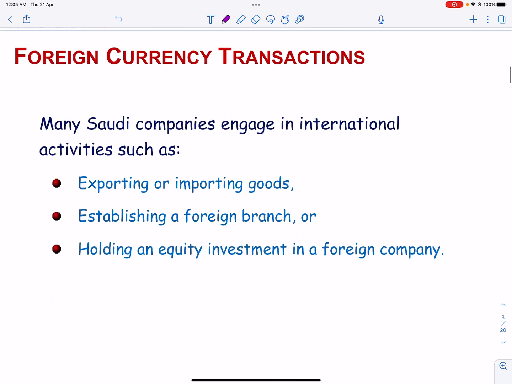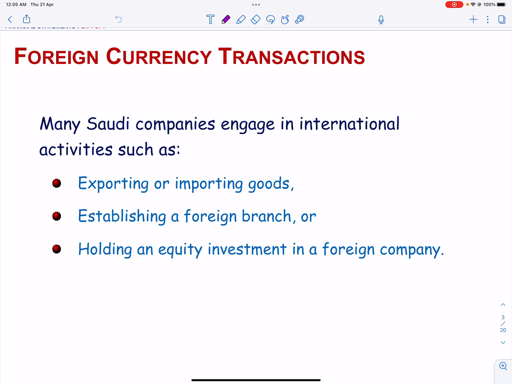So in this session, we are going to talk about accounting for foreign currency transactions. So let's have a look at foreign currency transaction and what does it entail. We start with the assumption that we are based in Saudi Arabia.